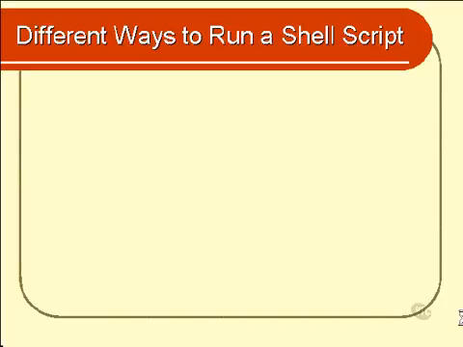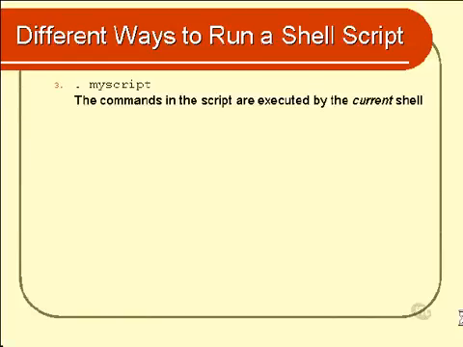The third way is slightly different, both technically and syntactically. You simply type dot and then a space and then myScript. Now the reason that this is different is that no second shell is loaded into memory. The script is executed by your current shell, your current login shell typically.